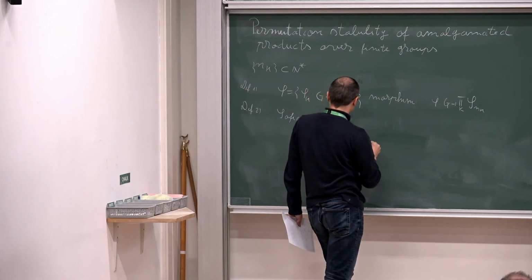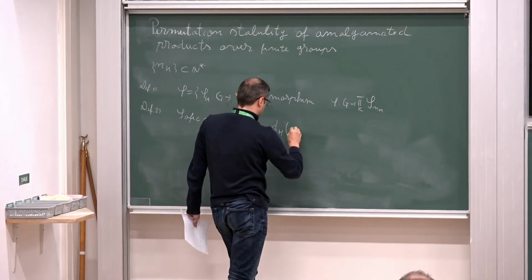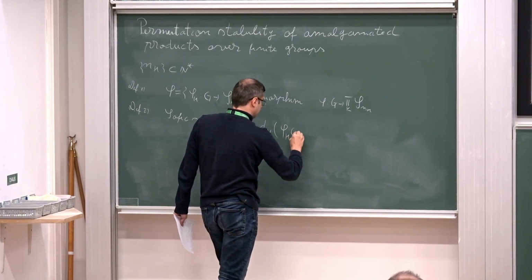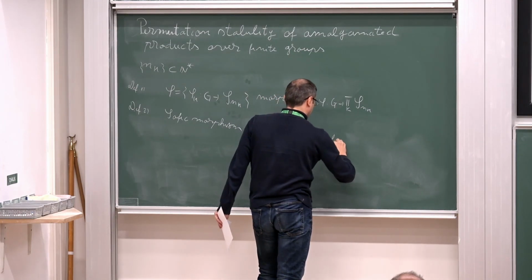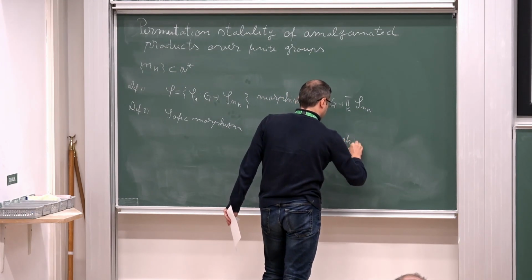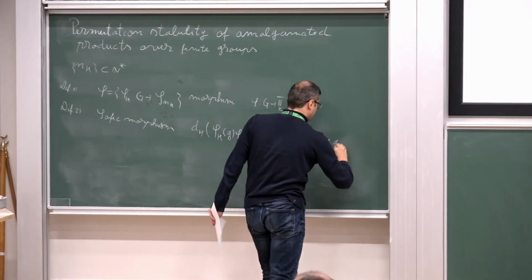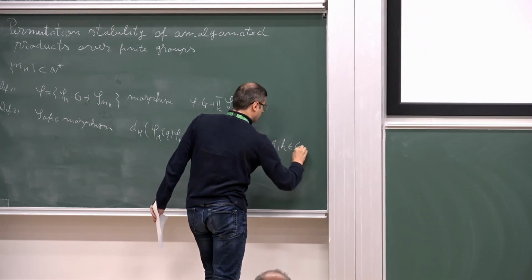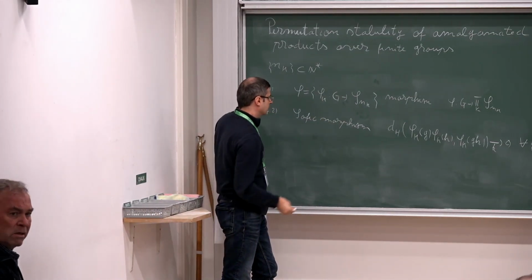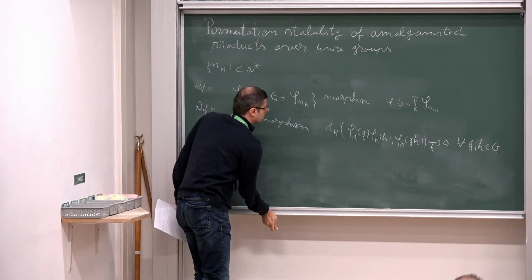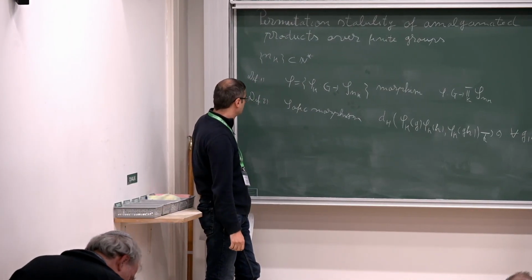Such a collection of maps will be called a sophic morphism if you have this condition that the Hamming distance of phi_k(g)phi_k(h) and phi_k(gh) goes to 0 as k increases, and this happens for each two elements of the group. So there are different names, almost homomorphism, or I will call them sophic morphism for this talk.